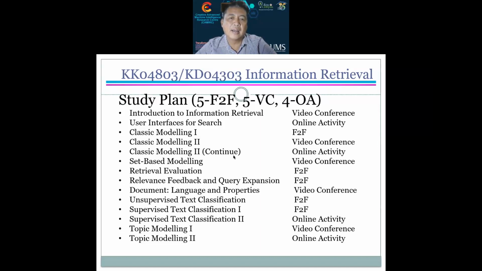So this is just like a revision for you. Then similar to supervised text classification, we change it. So similar to this, online activity, and then the topic modeling. For this one, maybe we will meet to do some revision. Okay.